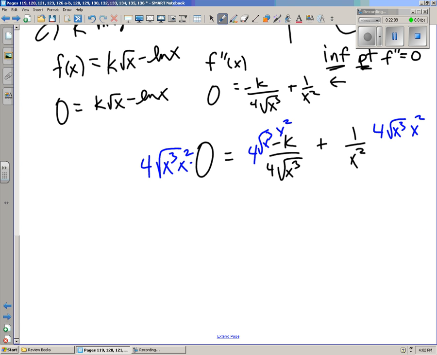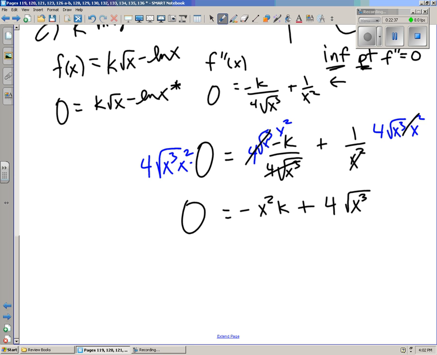This times 0 is 0, which is very nice, equals, this would go away with this, and we would get negative x squared k plus 4 radical x cubed equals 0.